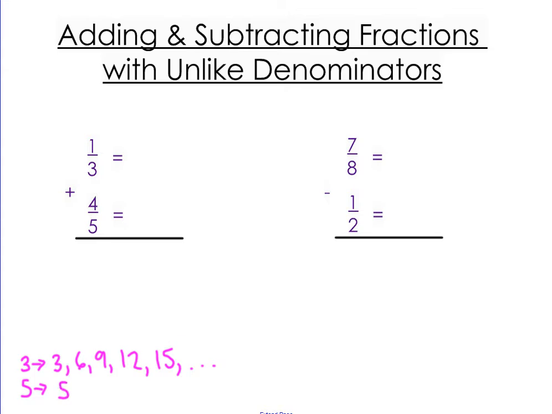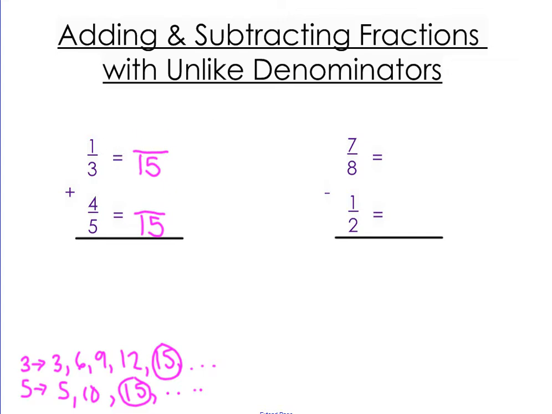And here I am doing that really quick down at the bottom, and I've noticed already that 15 is the least common multiple that both 3 and 5 share. So I'm going to use 15 for my new denominator. I'm going to make equivalent fractions by using 15 for the common denominator that they'll both share.